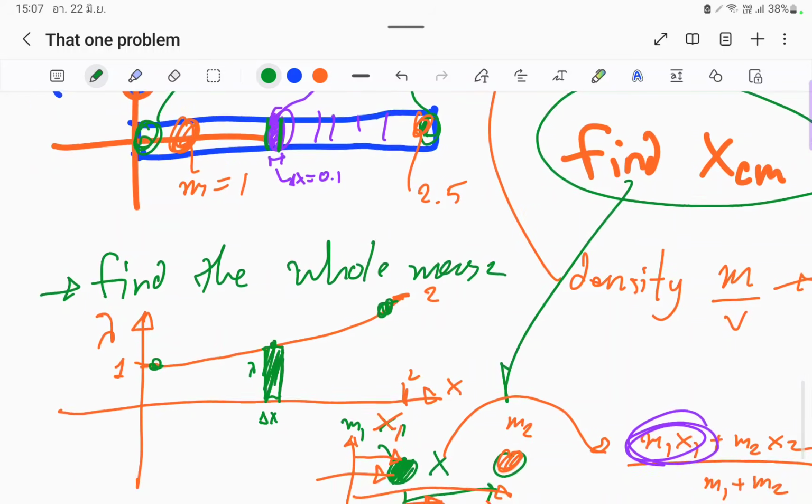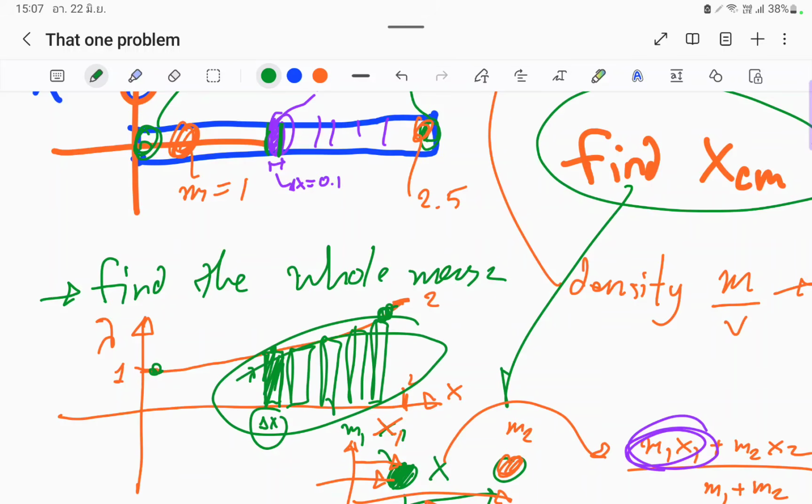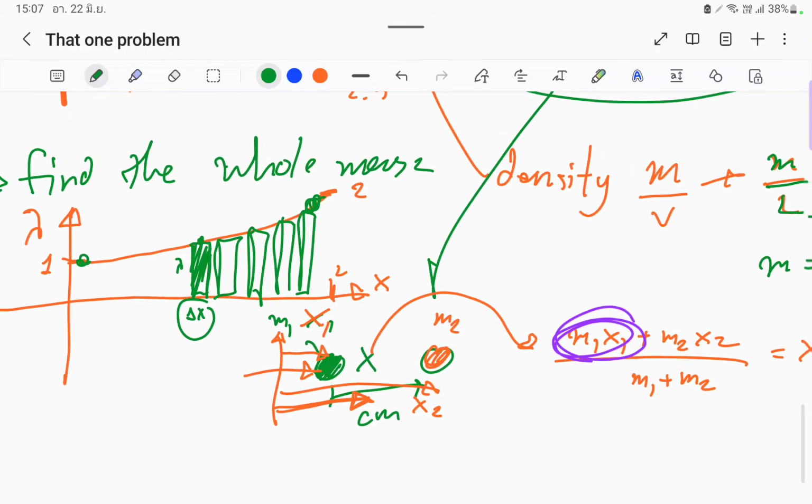You do this by graph by multiplying the lambda with the delta x, and you keep doing this with other section and other section and other section. Boom, you got the area under the curve, which is the definition of integrating.